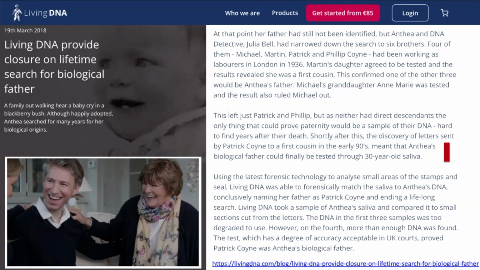That left 4, but none of them had any children, but one of them had written letters, and they managed to get one of those letters, take away the inside of the envelope, get at the gum of the stamp, and after the 3rd attempt, they were able to confirm that the man who had licked the stamp was the father of Anthea Ring.